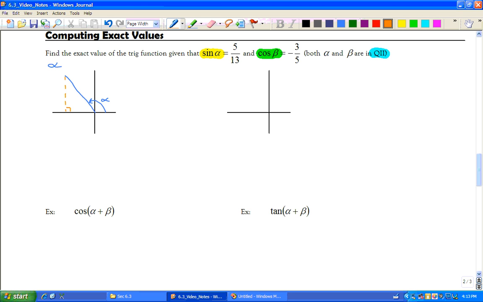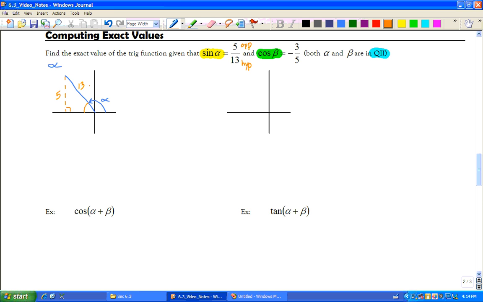And sine alpha is 5/13. Well, the sine function in right triangle trig is opposite over hypotenuse. So the opposite of our angle here is going to be 5, and our hypotenuse is going to be 13.